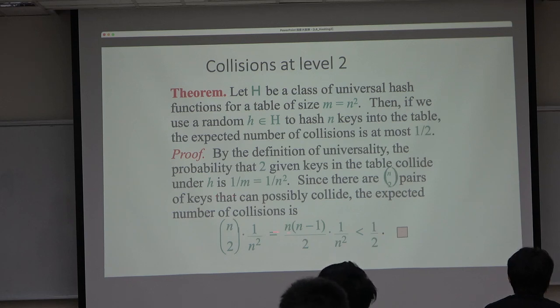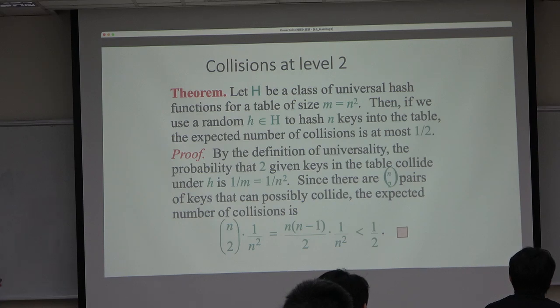So you can prove that the expected number of collisions is less than 1 over 2, so 0.5. This is what I believe we stopped at last time.